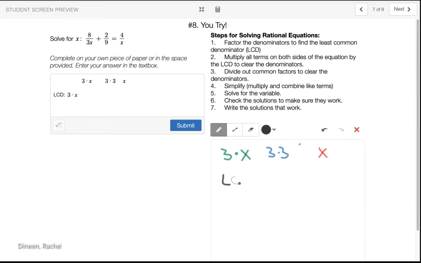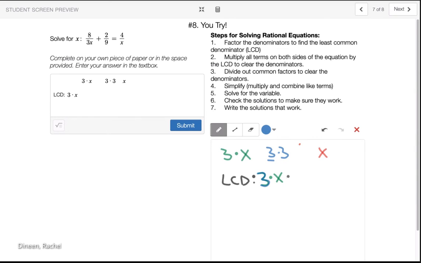For my LCD, I'm going to list the factors of my first denominator, which are 3 times x. Then I'm going to look at my second denominator, this first 3. That first 3 is represented right there. But what about the second 3?